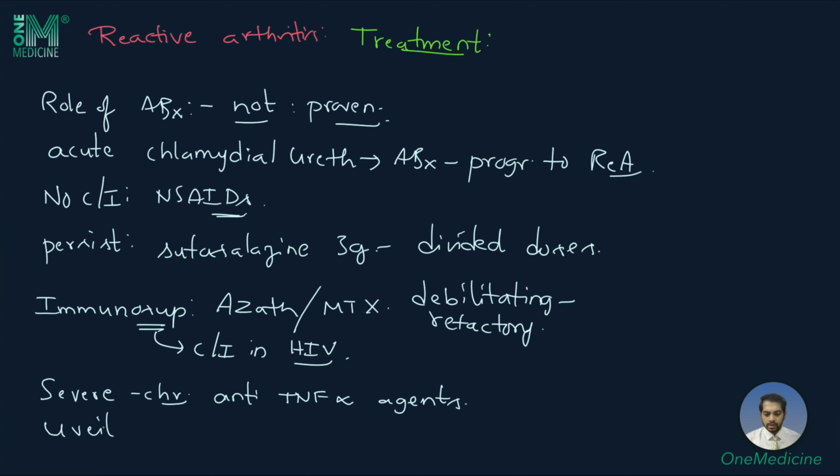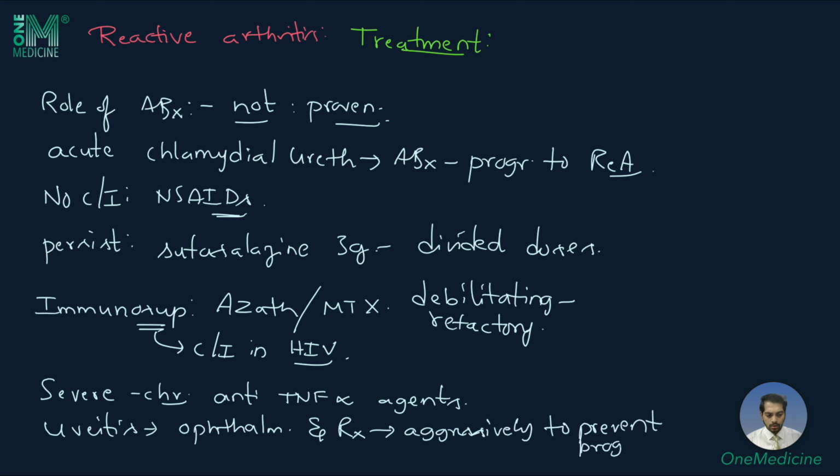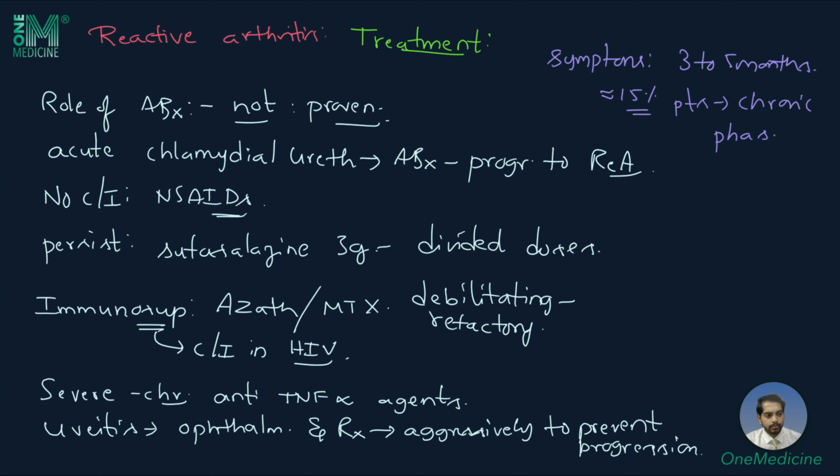Patients with uveitis should be referred to an ophthalmologist and should be treated aggressively to prevent progression. When it comes to the outcome of reactive arthritis, symptoms can persist for up to 3 to 5 months, whereas in approximately 15% of the patients, the symptoms have a chronic phase as well.